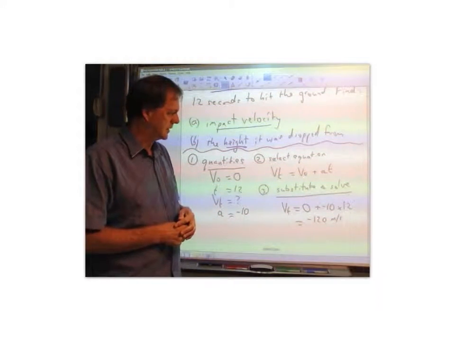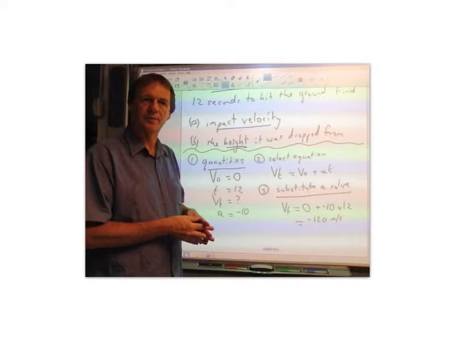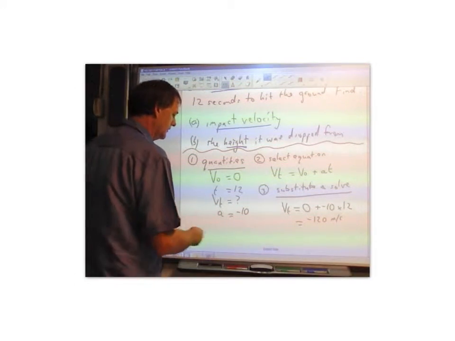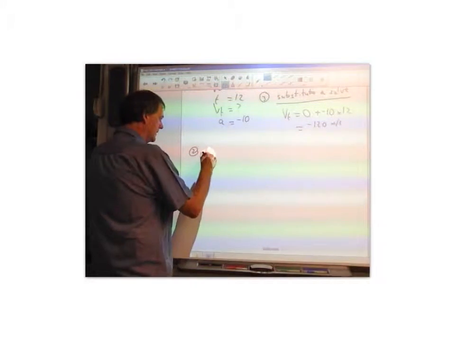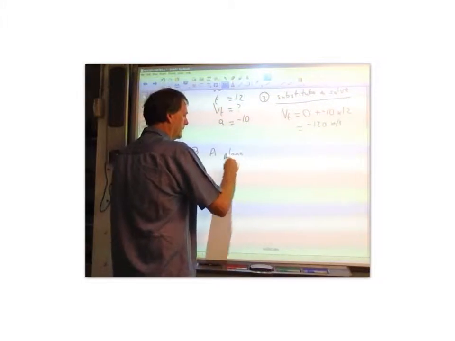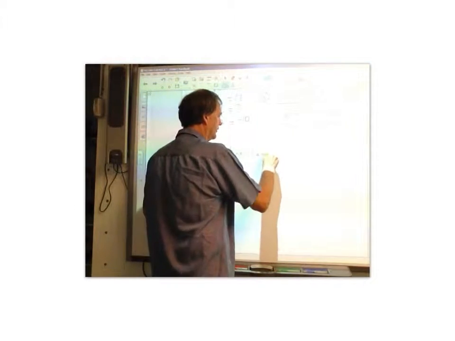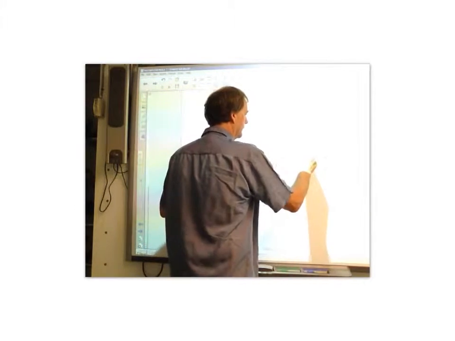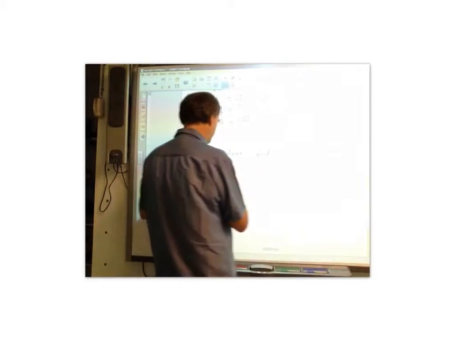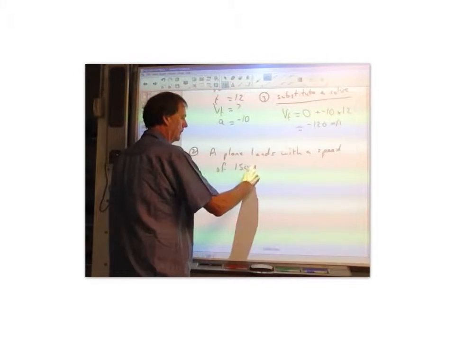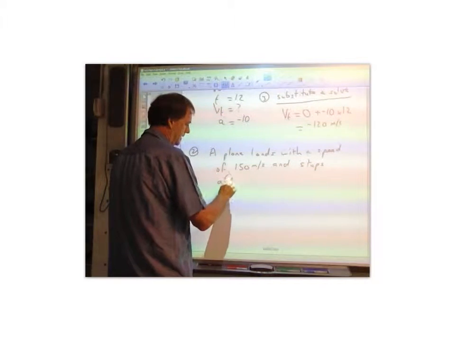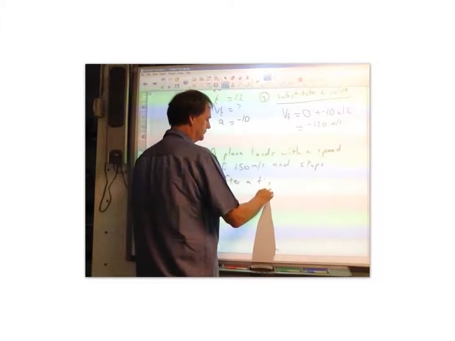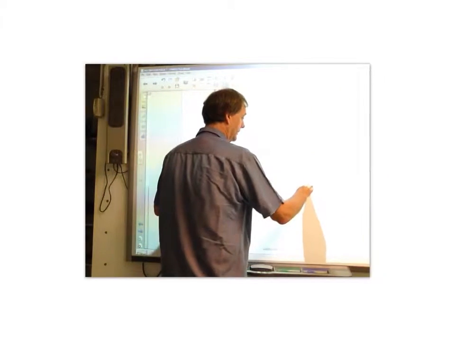Okay, so that's a fairly easy one because you did not have to rearrange the formula, but sometimes you do. So we had another question there, and it had something on the lines of: a plane lands at the speed of 150 metres a second and stops after a time of, let's give it 30 seconds, say.